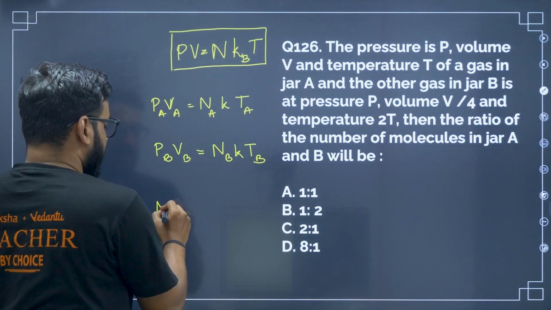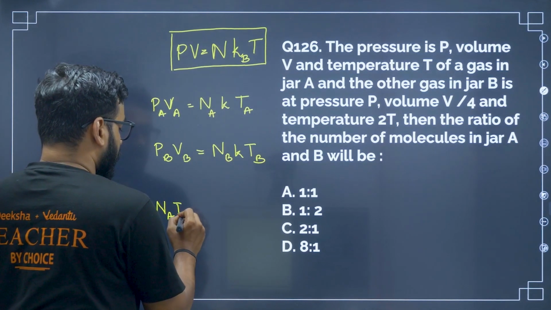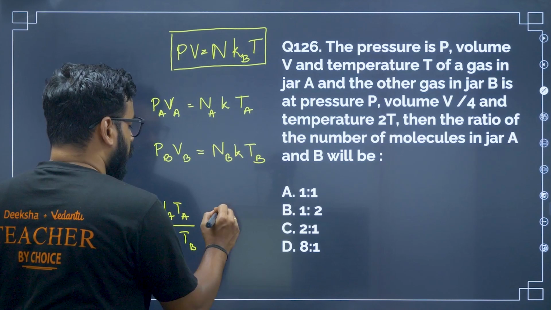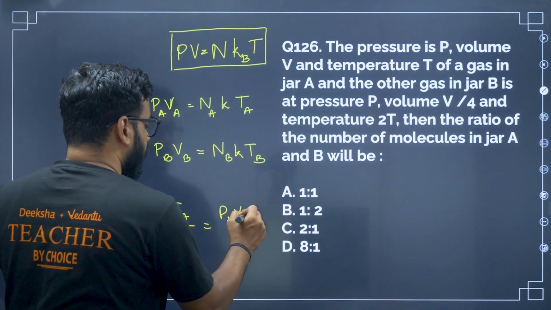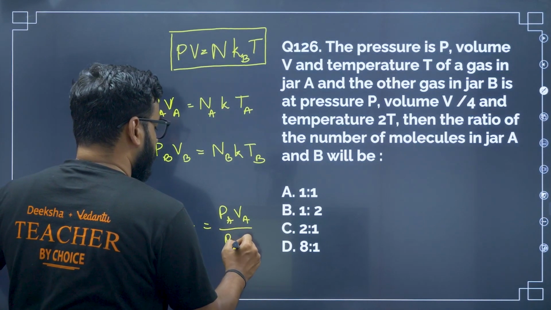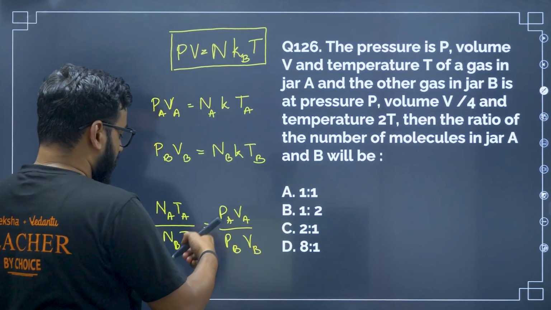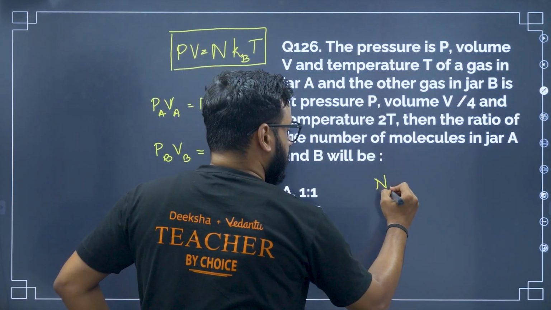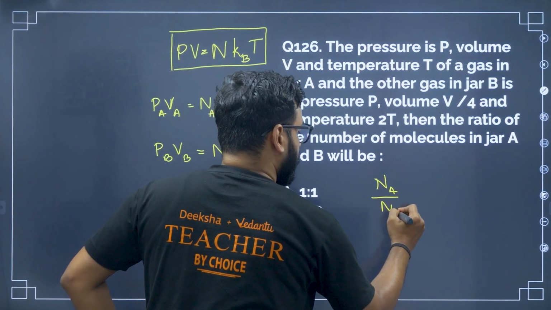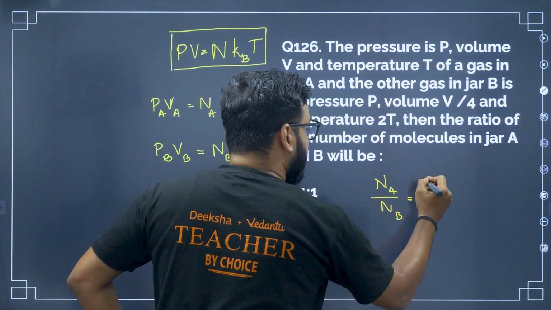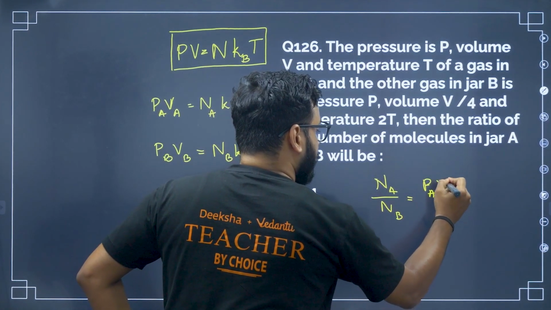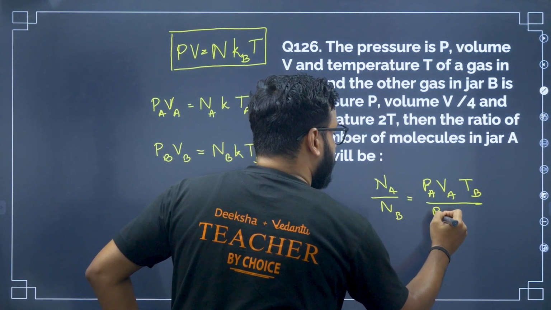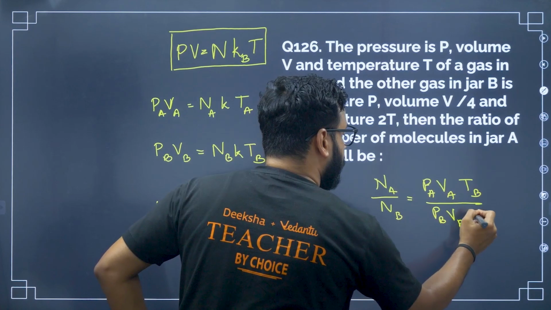Divide both of them, you will get NA TA by NB TB is equal to PA VA divided by PB VB. Just cross multiply T, so we will ultimately get the ratio of number of molecules, that is NA by NB is equal to PA VA TB divided by PB VB TA.